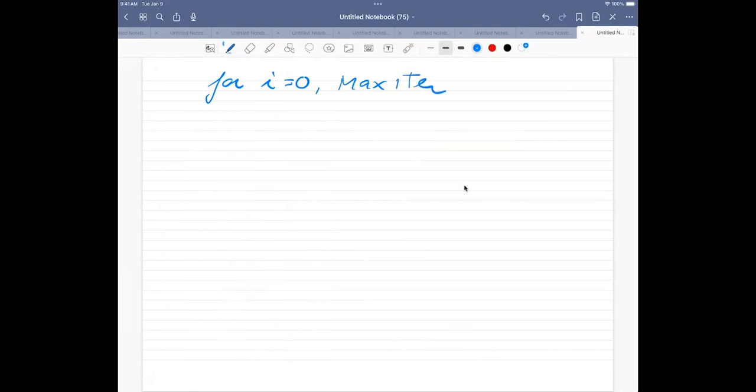We would then define a new quantity, x of k plus 1, which is equal to x of k plus some alpha of k times some R of k. And then we can update R of k plus 1, which is then equal to b minus A of x of k plus 1. This is basically the algorithm which we are going to implement.